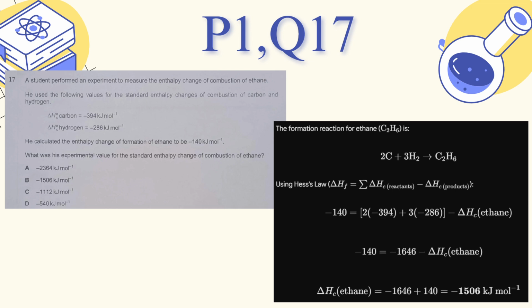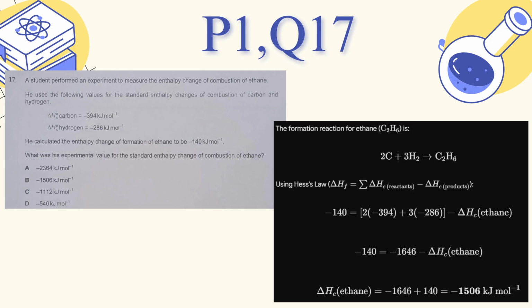As you can see, the formation reaction for ethane is 2C plus 3 hydrogen, giving C2H6. Then we use Hess's law, that is the enthalpy change equals the enthalpy change of reactants minus the enthalpy change of products.